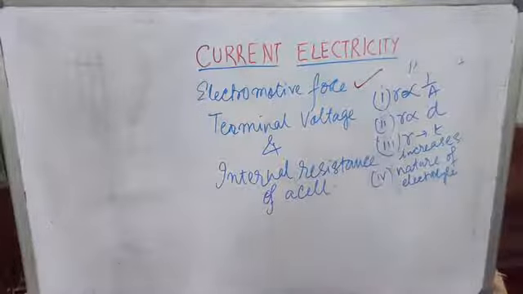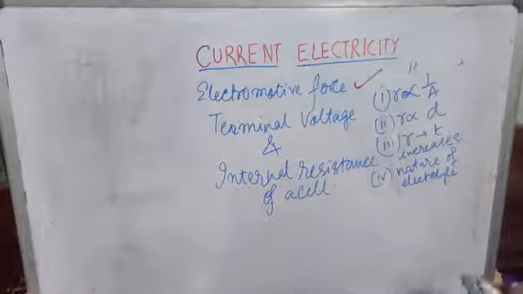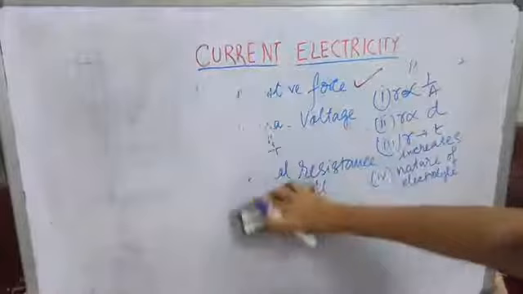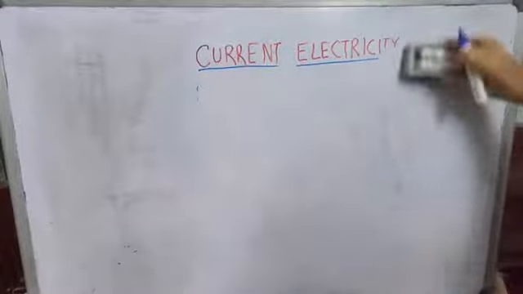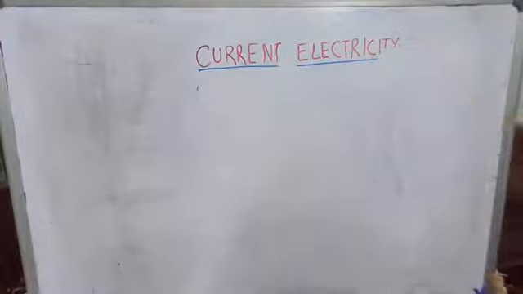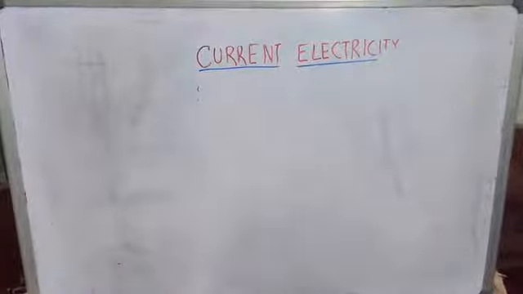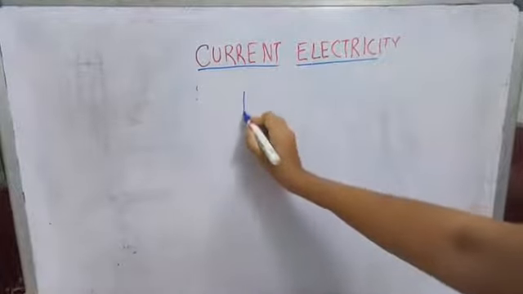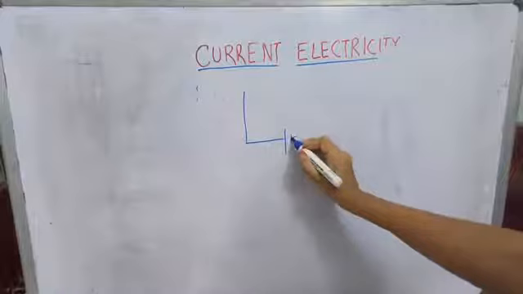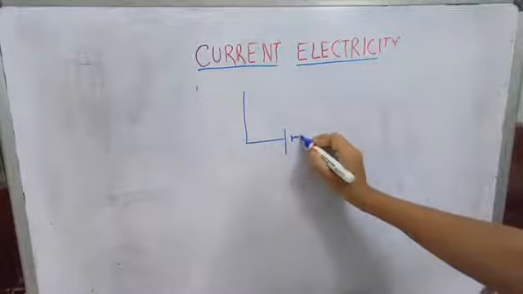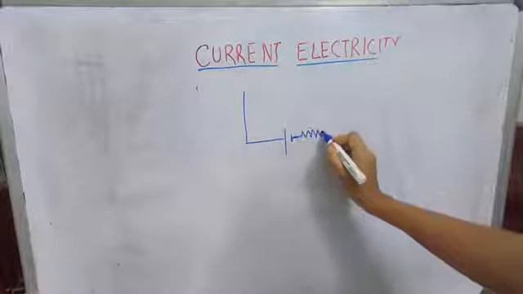Now let me draw a simple circuit here and try to understand how the EMF can be correlated with internal resistance. We have our simple circuit consisting of a cell, and we draw the internal resistance of the cell like this.